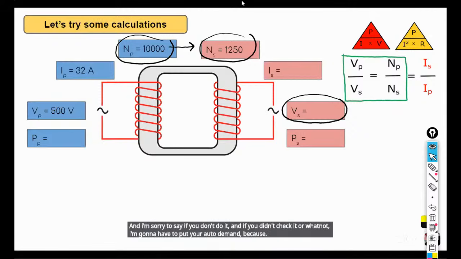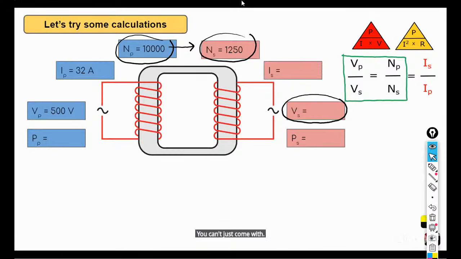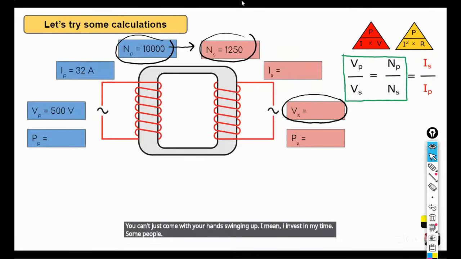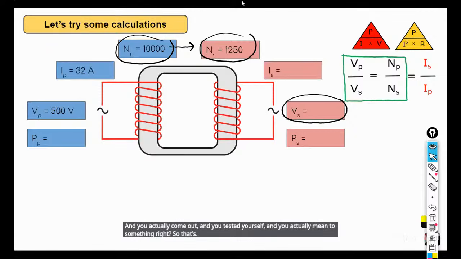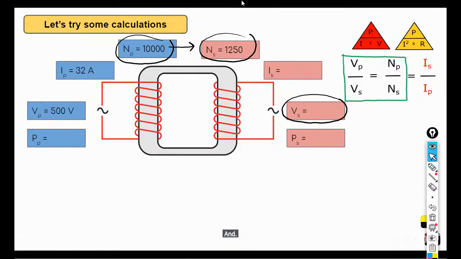Because you can't just come with your hands swinging. I invest my time, and some people are actually doing the work. I want to make sure we leave here and you've tested yourself and actually learned something. So that's for the Monday maths class. I'm going to send a message on the group as well.